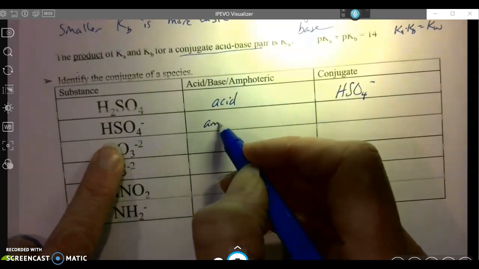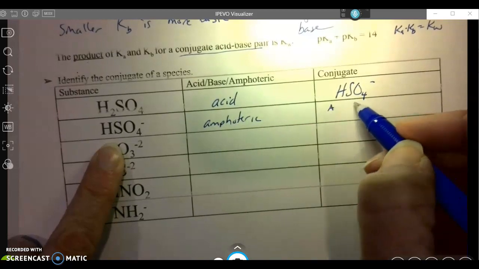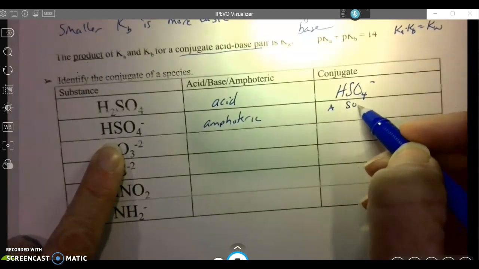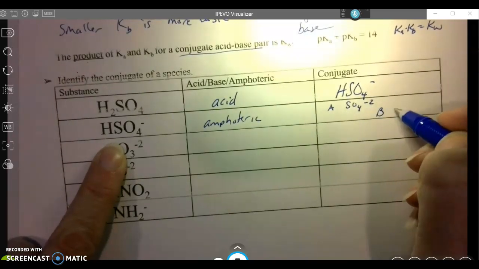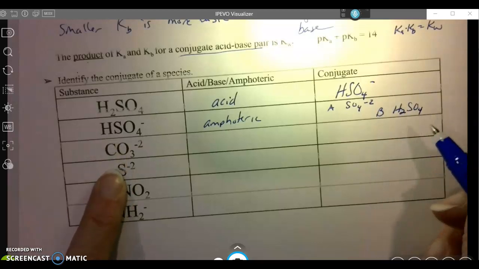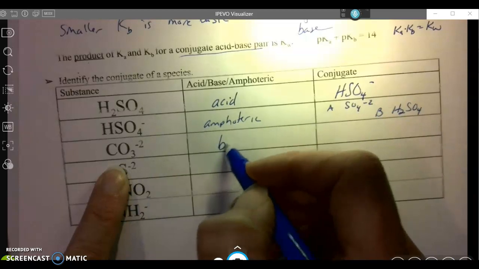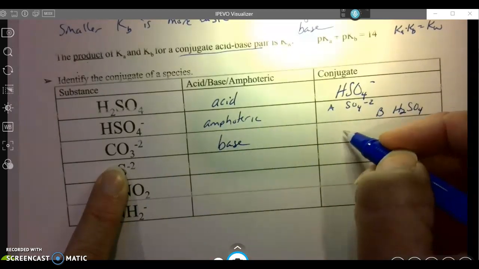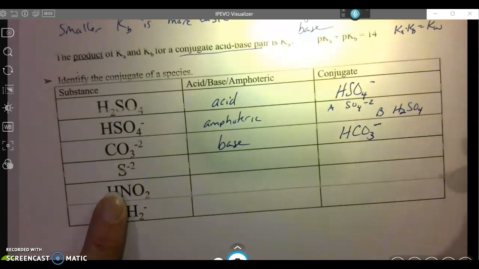So this is amphoteric. If it's acting as an acid, you're going to get SO4 2 minus. If it's acting as a base, you're going to get H2SO4 back. Okay, CO3 2 minus doesn't have any hydrogen, so that's a base. It's going to accept a hydrogen and become bicarbonate.